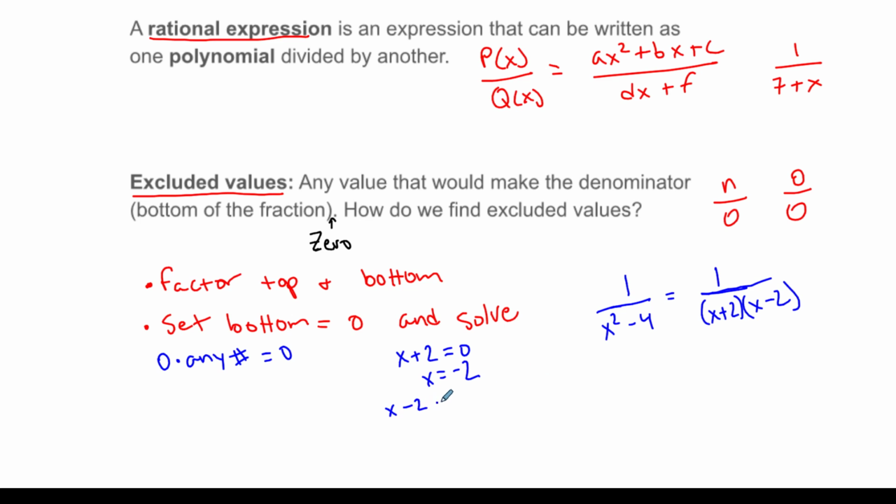If x minus 2 equals 0, we get that by plugging in positive 2. So our excluded values here would be negative 2 and positive 2. And I'm going to put them in squiggly brackets because I'm feeling fancy.